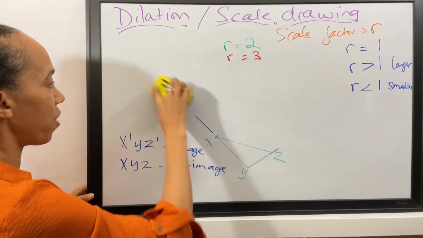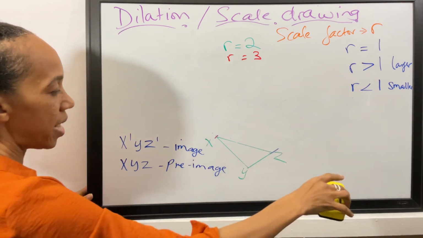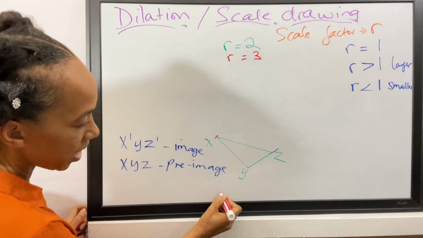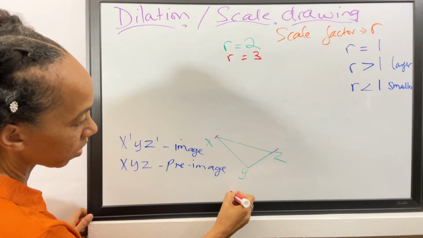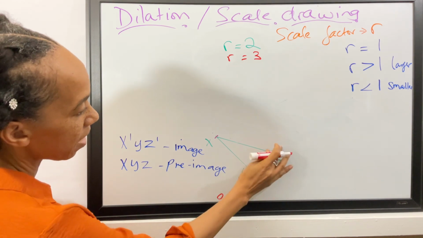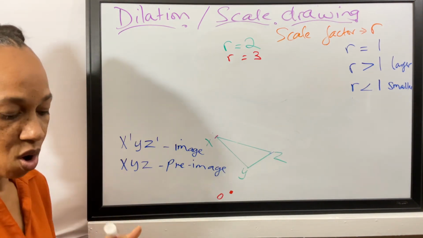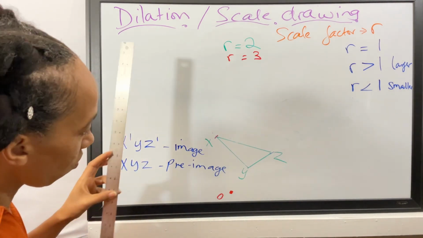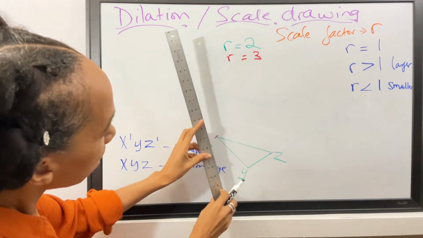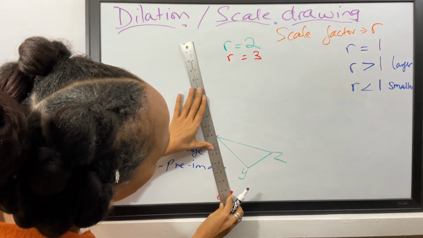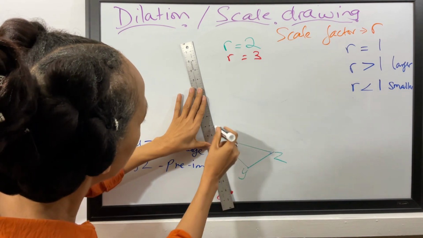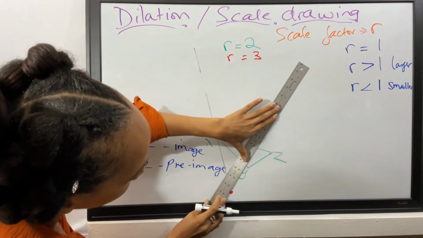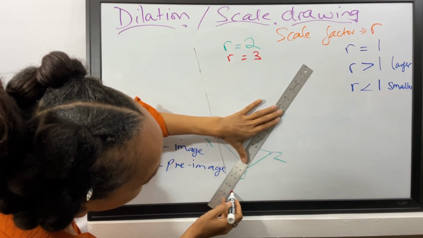I'm going to keep my triangle right there, and I'm simply going to create my center O. So let's say this is my center O. What I need to do with my center O is draw from center O a line going through each of the vertices of the triangle.